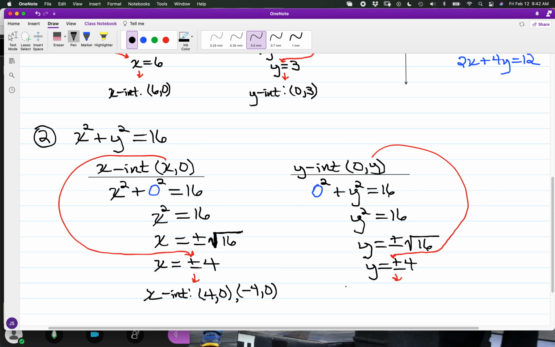And so with the y-intercepts, we have (0, 4) as well as (0, -4).